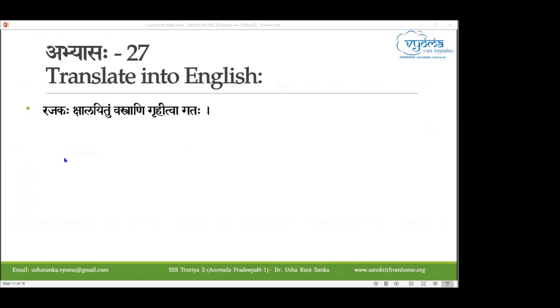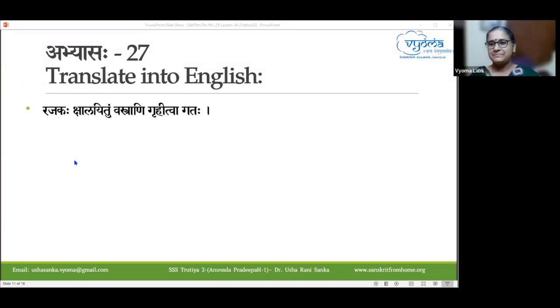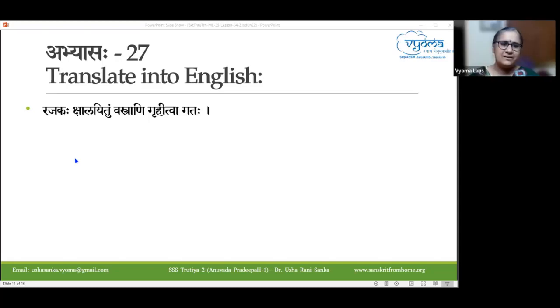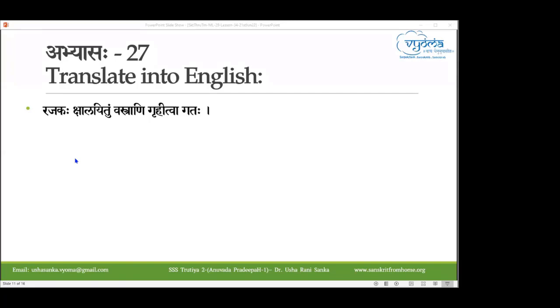Having taken the clothes for washing, the washerman, having taken the clothes, went to wash the clothes. Right. Not went to wash the clothes. Kshalayitum, to wash the clothes.